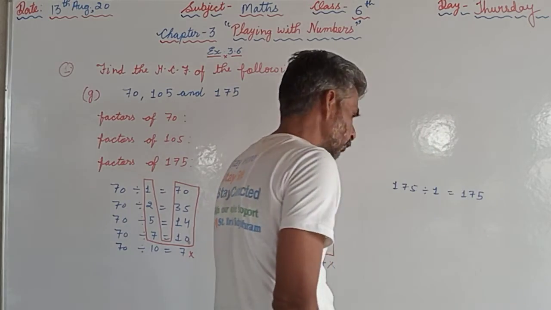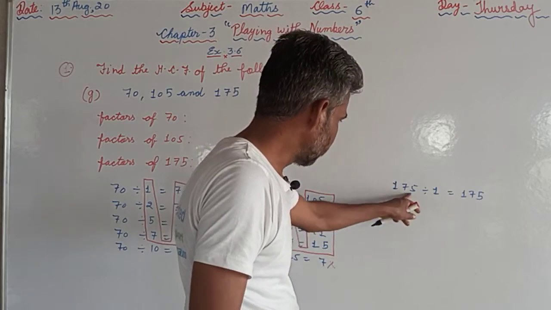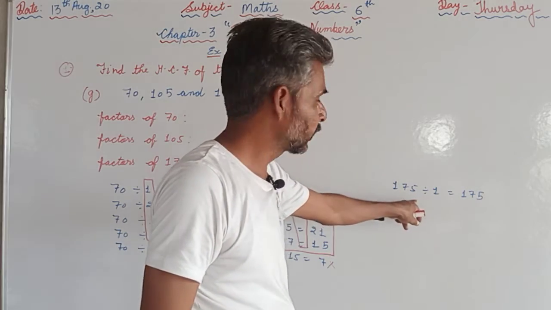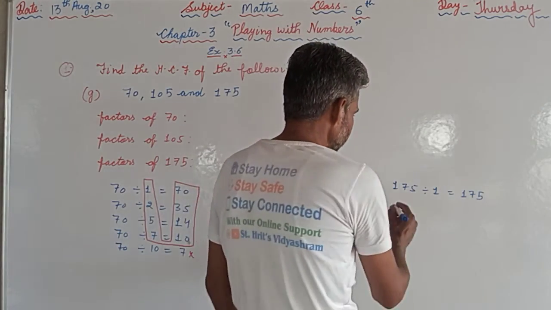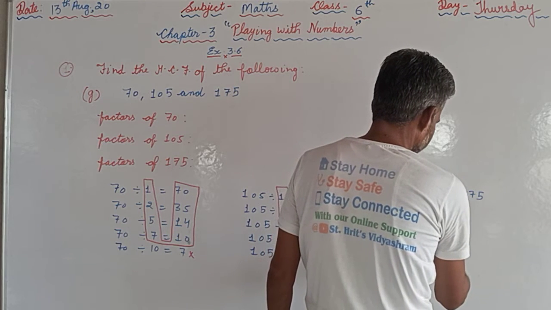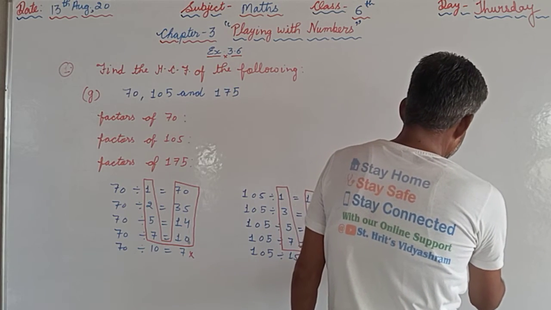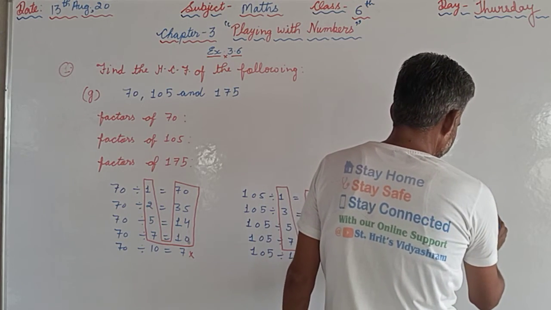Now 175. 175 divided by 1 is 175. That will not be divisible by 2 or 3. 7 plus 5 plus 1 is 13, not divisible by 3, not divisible by 4, it is divisible by 5, that is 5 sevens are 35, 5 fives are 25.